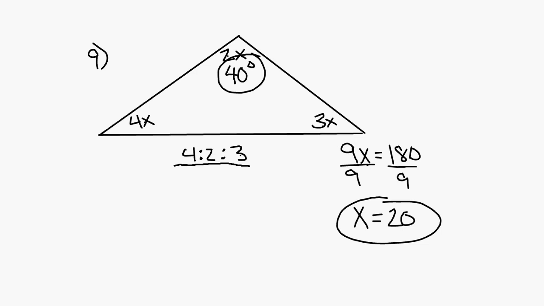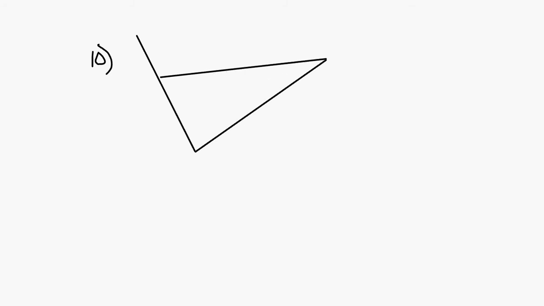All right, number 10 is another exterior angle problem with distractions. The only thing that matters about number 10 is this portion of it, because you're asked to find the measure of angle 1.